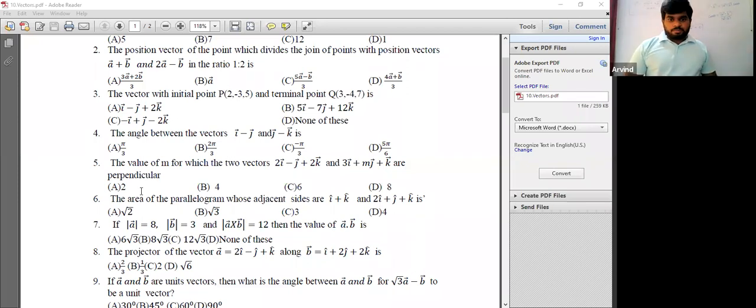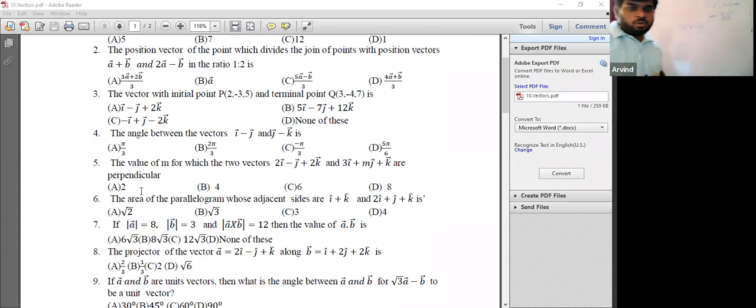2i cap minus j cap plus 2k cap and 3i cap plus mj cap plus k cap. If these two are perpendicular, then what is the value of m? So the dot product of these two should give you 0. 2 threes are 6. Minus 1 into m is minus m. 2 into 1 is 2.